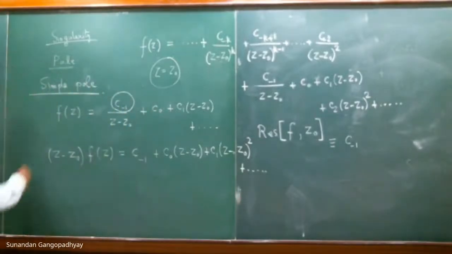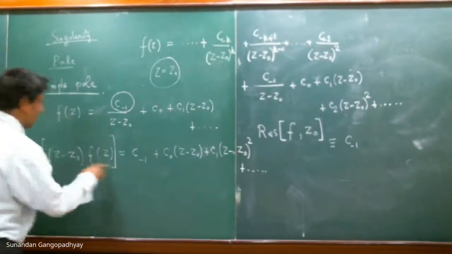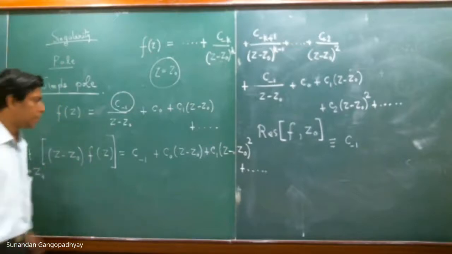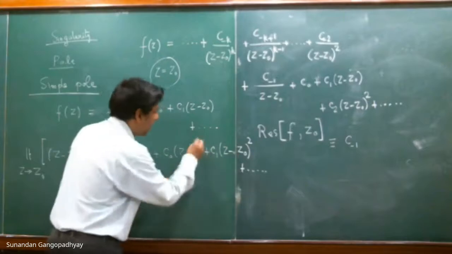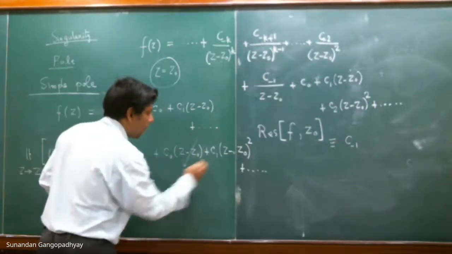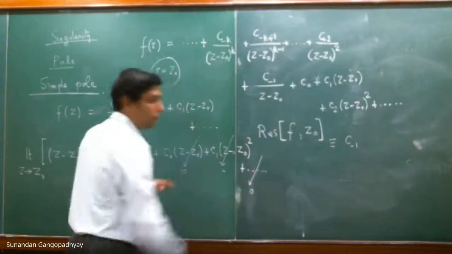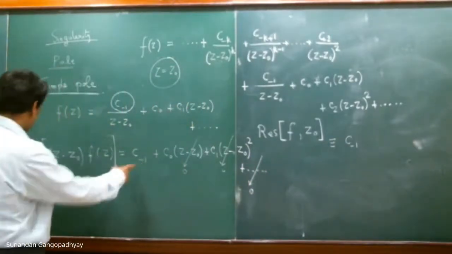Now it is simple. You just take the limit z going to z naught of this expression, and in that limit, all these terms are 0, right? These terms vanish, because these are all positive powers of z minus z naught, and therefore c minus 1 is basically this.